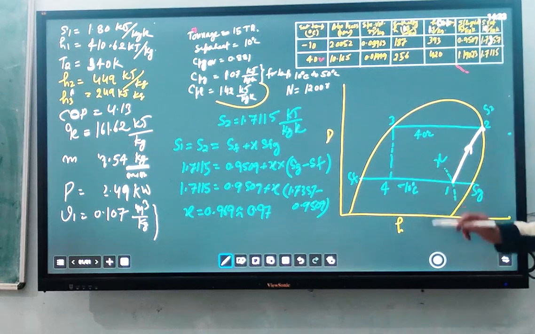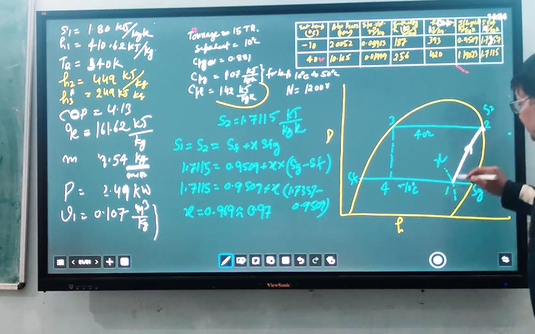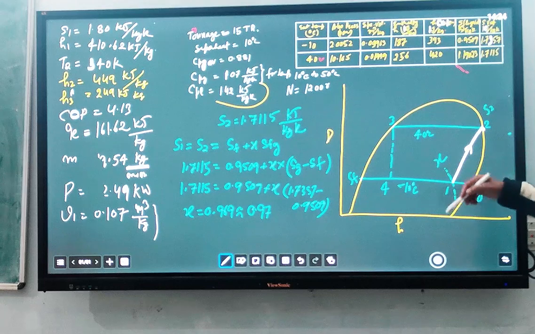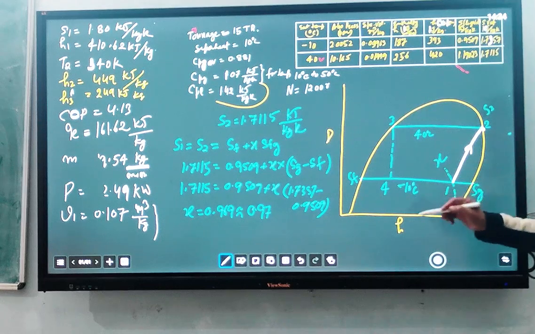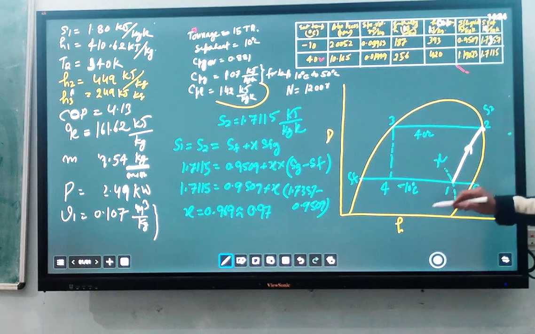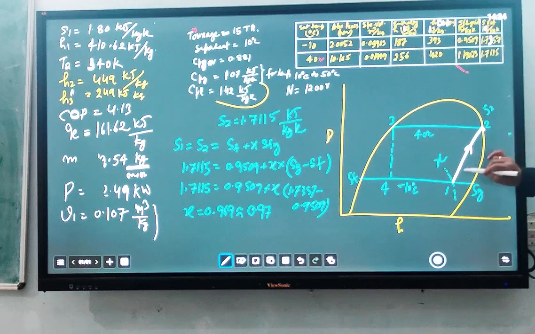You will find a lesser amount of cooling if you allow refrigerant to enter the compressor at the wet stage, because the cooling amount is reduced. That's why it is almost impossible to select a point from where refrigerant enters the compressor, and after the compression process control the compressor so that it just reaches the saturation stage. This is the most difficult process. That's why although theoretically we solve it, practically it is not possible.